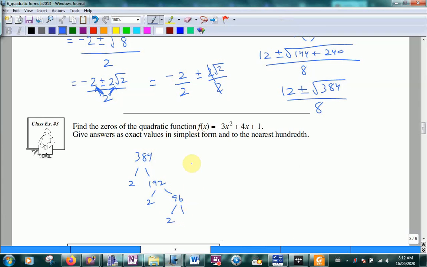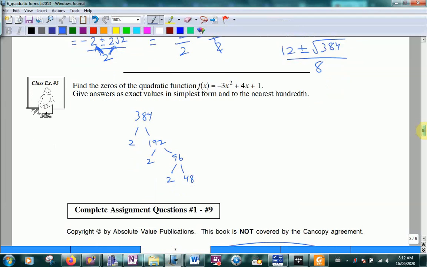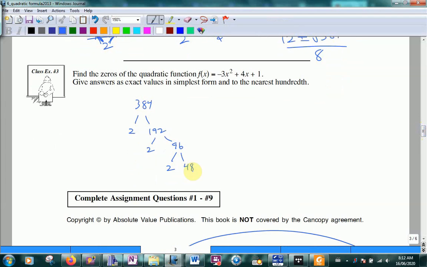What goes in there? 2 does. Okay. And that is 98. That doesn't make any sense. What am I doing? What's half of that? 48. Okay, and that is 6 times 8, is it not?